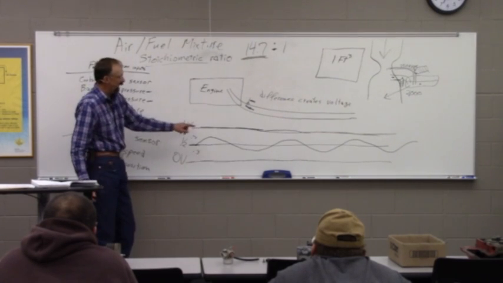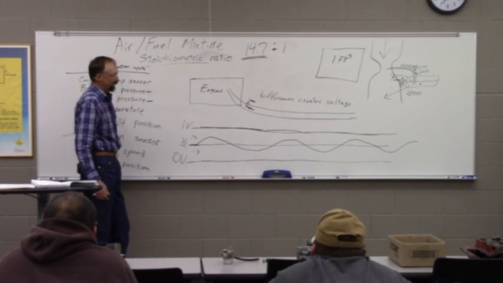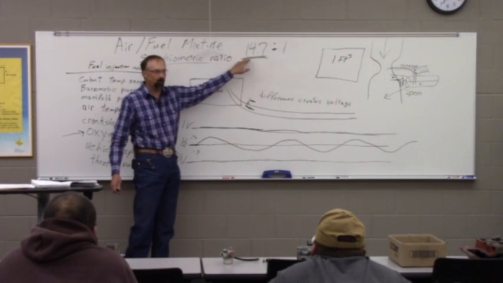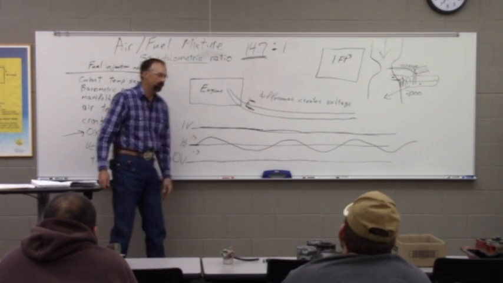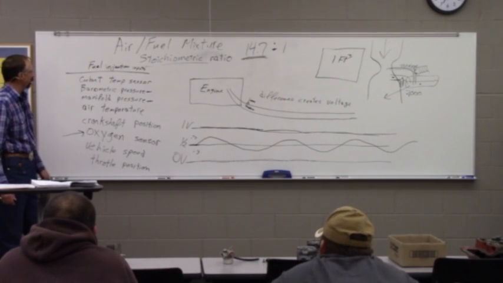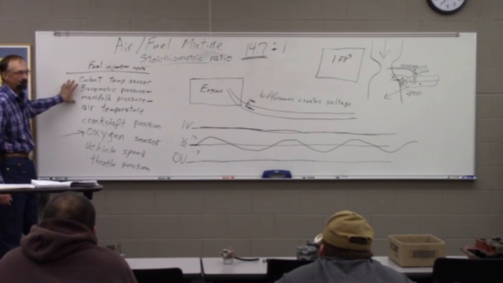So this oxygen sensor has proven to be one of the most useful inventions ever in fine-tuning our fuel mixture. Now all these other sensors are very important, and these ones which help us figure out how much oxygen we're putting in to begin with really help.